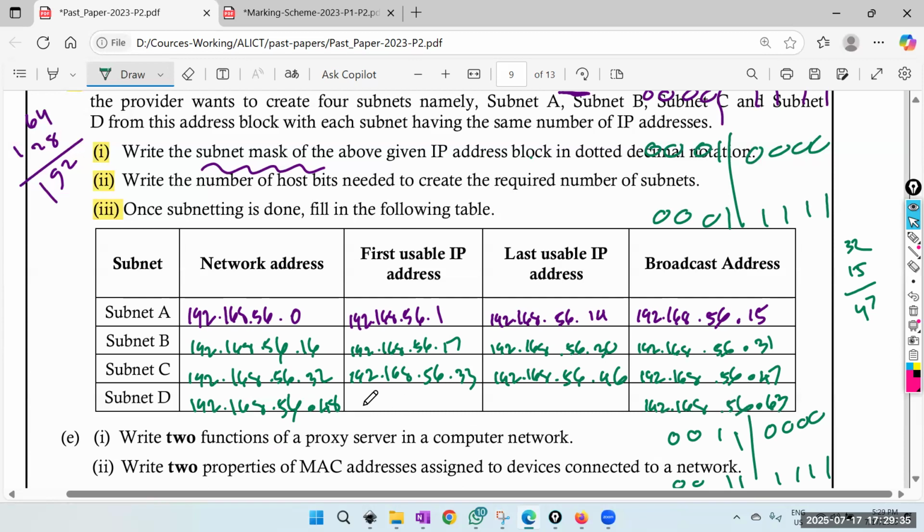And the usable addresses will be .49 to .62. So this can go to anywhere, because these are the same size. But these are the ranges. Okay, so double check: 0 to 15.